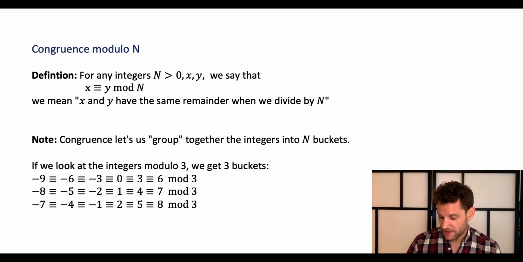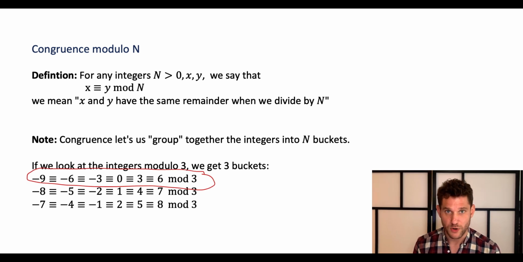Now, this is useful for a number of reasons, but what it lets us do is consider the infinite number of integers and break them into just n many buckets. So for example, if we take the integers modulo 3, we get the bucket of all the numbers that are congruent to 0 mod 3, which is this first bucket, right?